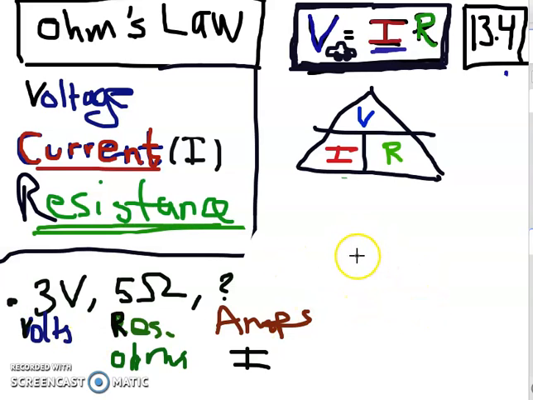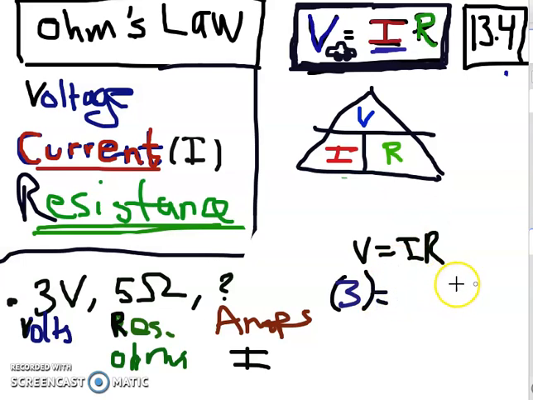So remember, we say V equals IR, VIR. If we know what the voltage is, it's 3. And we know, what else do we know? We only know the resistance, which is 5. Then what we don't know is the current, which is going to stay a variable for now because that's what we're going to solve for.